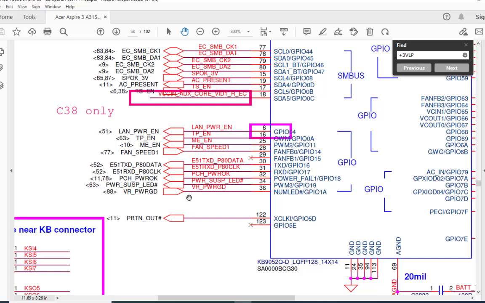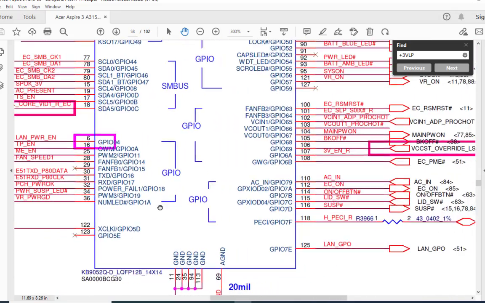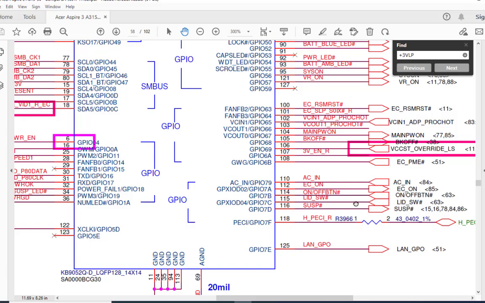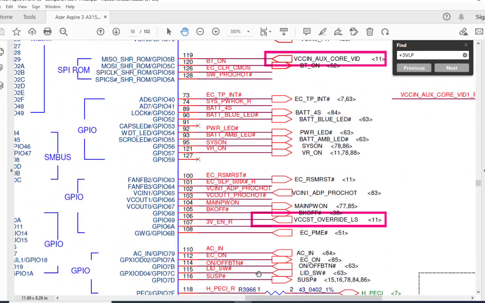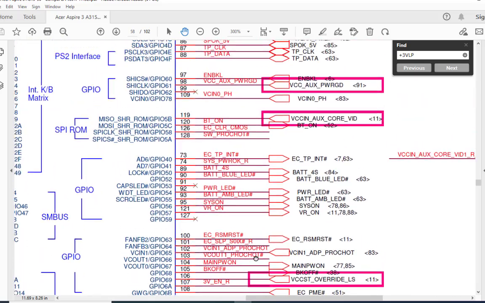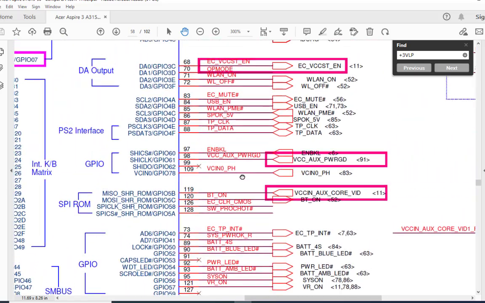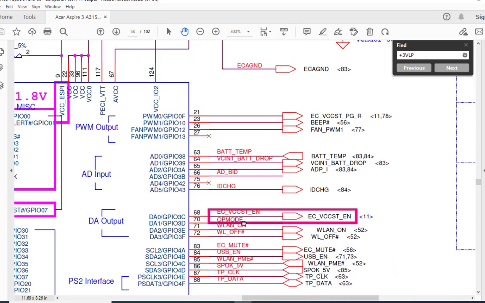Okay, so here you should get a 3.3 volt variation, and after that the SIO receives the SLP_S3 and SLP_S4 signals from the CPU. So we'll see where those signals are. SLP_S3 or SLP_S4.